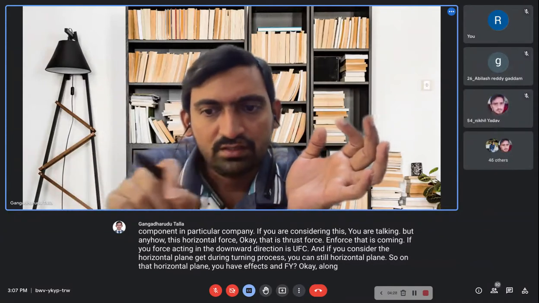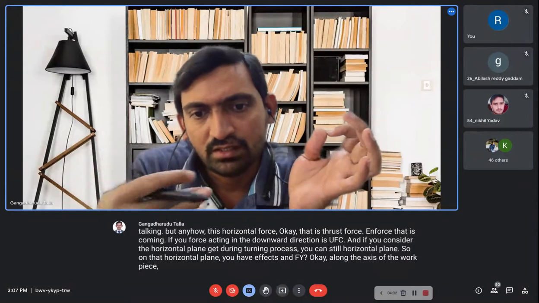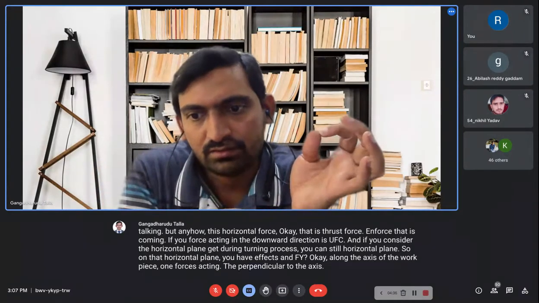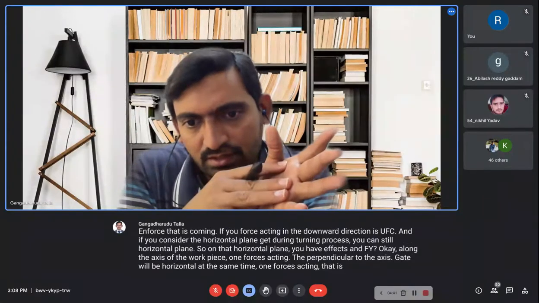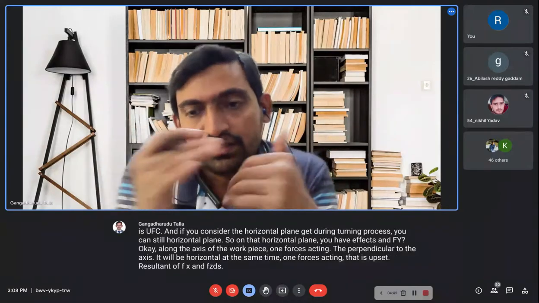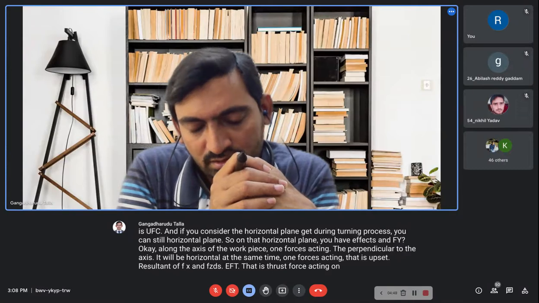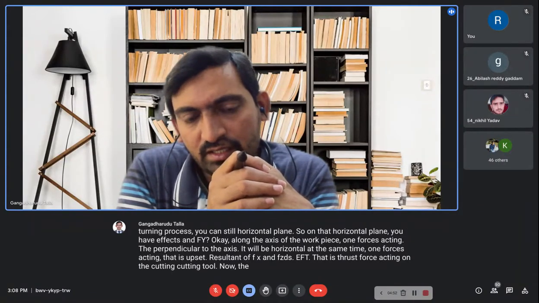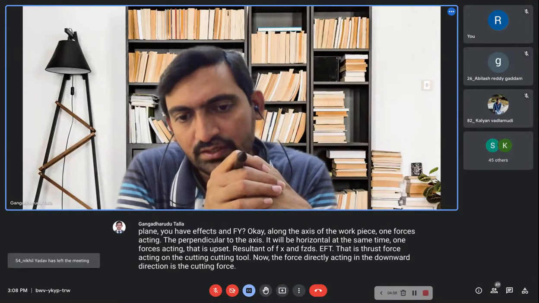Along the axis of the workpiece, one force is acting, and perpendicular to the axis, at the same time horizontal, another force is acting. The resultant of Fx and Fz is Ft, that is the thrust force acting on the cutting tool. The force directly acting in the downward direction is the cutting force.